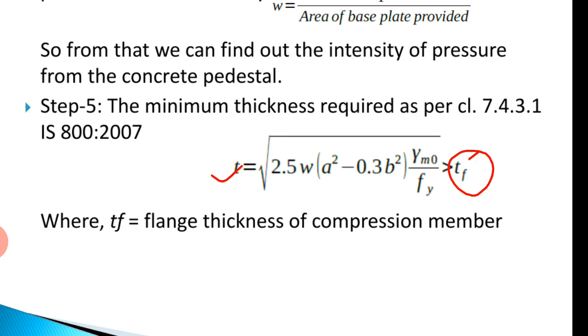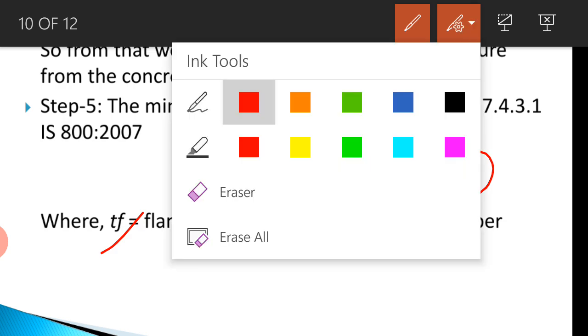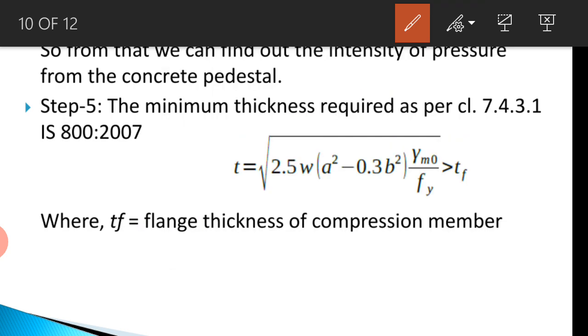So what is TF? TF is the flange thickness of the compression member. Means your base plate thickness should be more than the flange thickness of the compression member. So this is the ultimate.